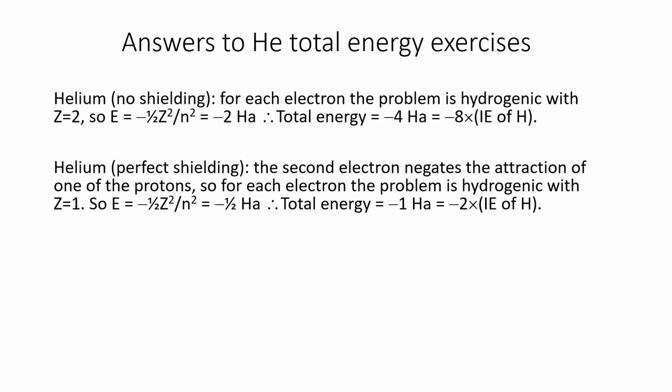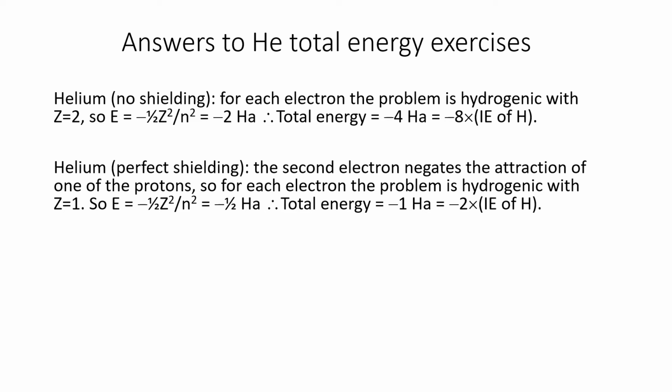And then going on to the opposite extreme, which is perfect shielding, if the second electron is always between the first electron and the nucleus, it's effectively going to cancel out one of the positive charges in the nucleus. So as far as the outer of those electrons is concerned, the net electrostatic pull would be with just one of the protons left in the nucleus. And so actually this is a hydrogenic atom, effectively.